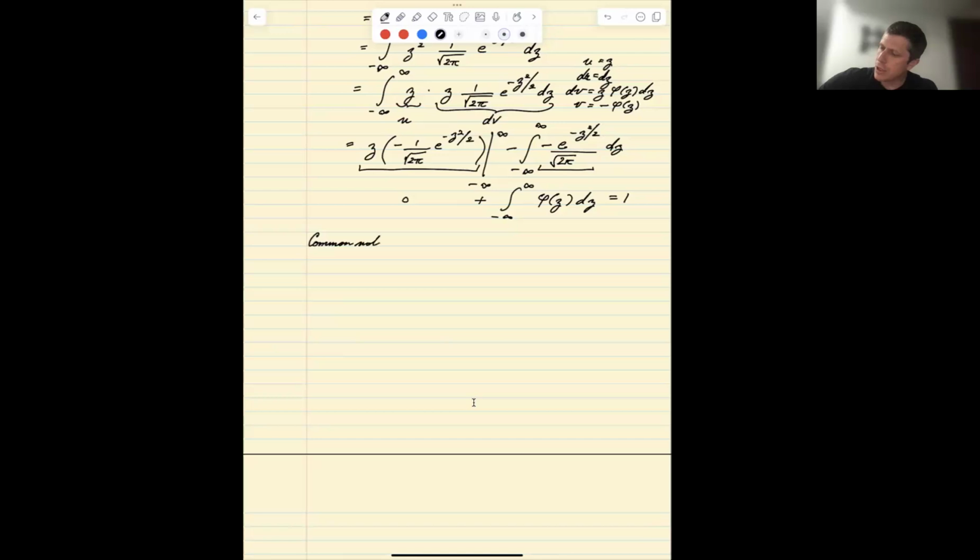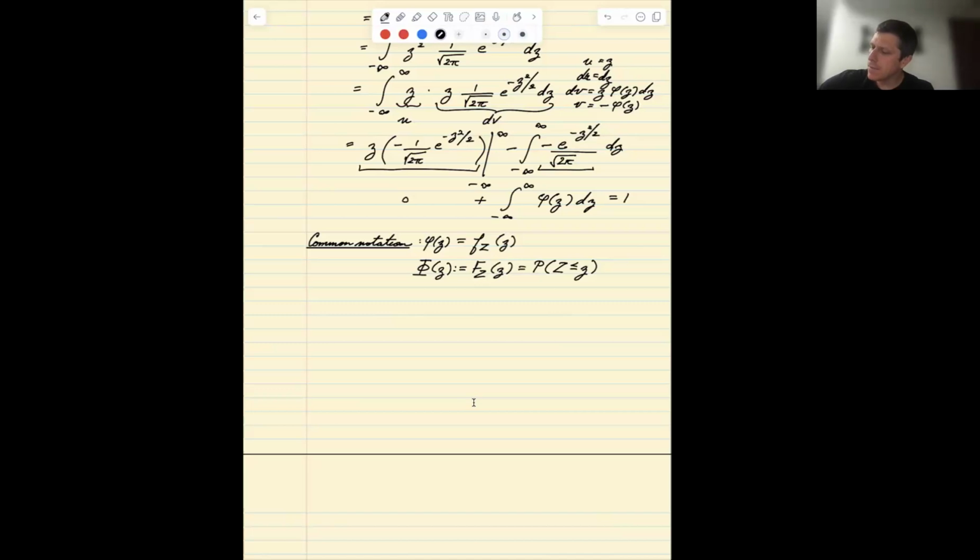There's some common notation. We've already talked about it. The common notation is to define lowercase phi as the density. And then capital phi of z, these are Greek letters, is defined as the distribution function of z. So these are the cumulative probabilities of the standard Gaussian.